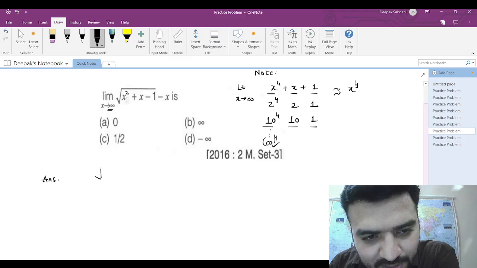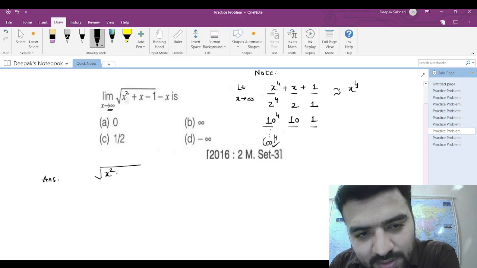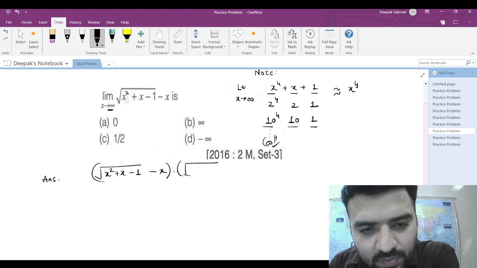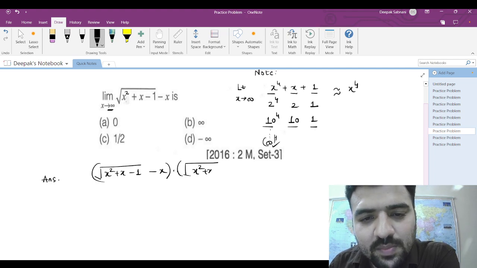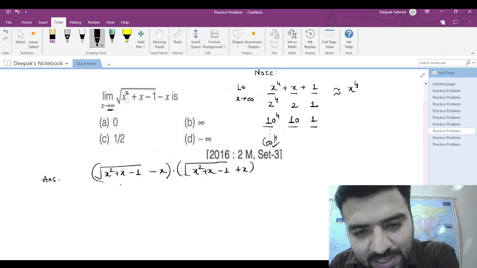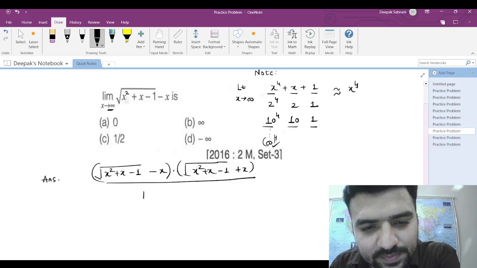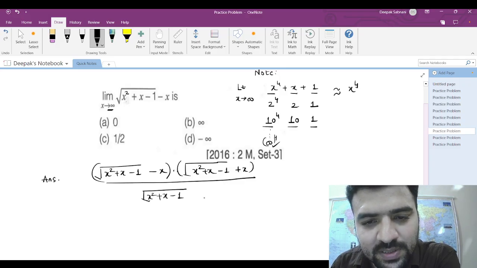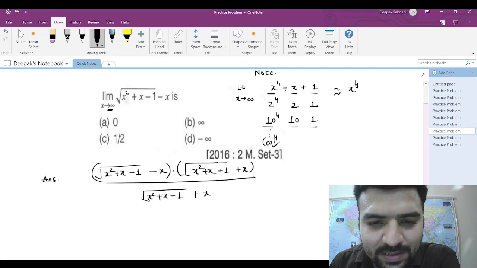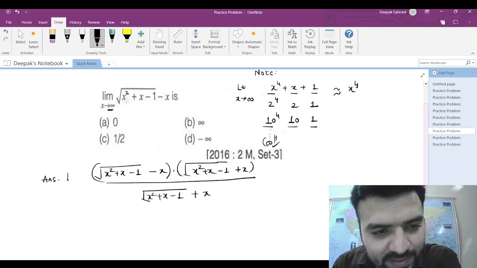So we have the limit as x tends to infinity of the square root of x square plus x minus 1 minus x, multiplied by the square root of x square plus x minus 1 plus x, and divided by the same, square root of x square plus x minus 1 plus x. That is the rationalizing. You have multiplied and divided by the same term, with limit x tends to infinity.